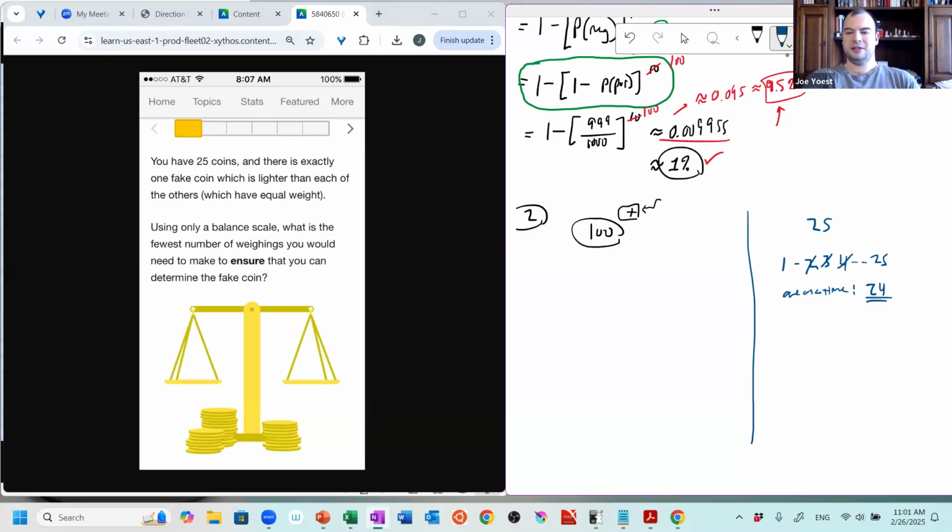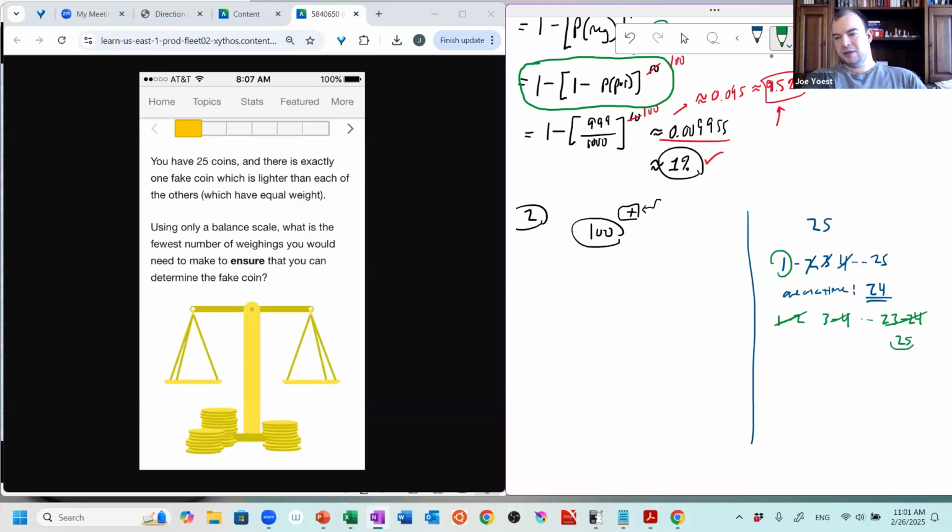Can I do better than that? We probably see a way to do better than that pretty much right away. Instead of using coin number 1 as my reference, I could weigh 1 against 2. If they balance, I know that neither of those two are the fake coin. Then I could weigh 3 against 4, and so on out to, worst case, 23 weighed against 24, and they would all balance.